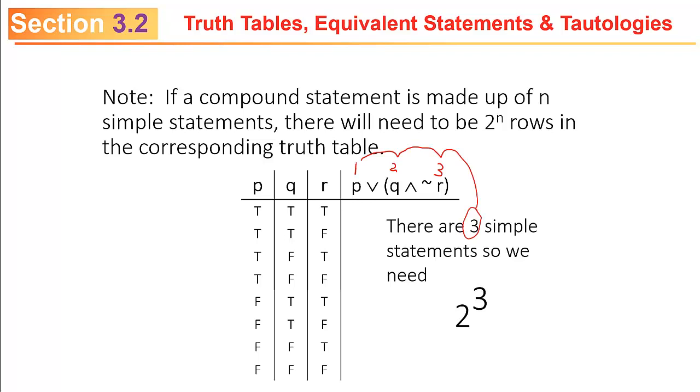So 2 to the third is 8, and that tells you you'll have 8 rows in the truth table. So if you had a case where you had a P, Q, R, and S, which would be 4, it'd be 2 to the 4th, which would be 16, and so on and so forth. So you can always tell how many rows your truth table will have by counting how many of these simple statements there are in the compound statement.